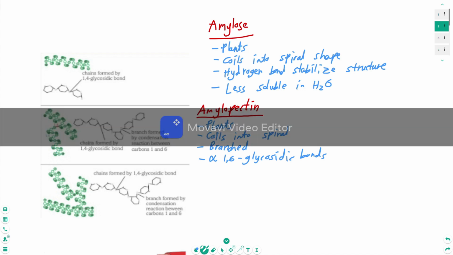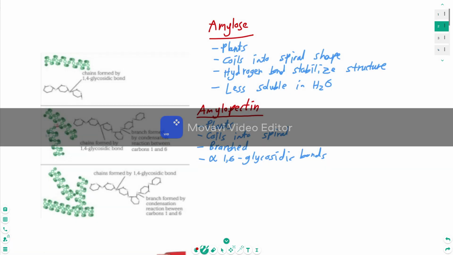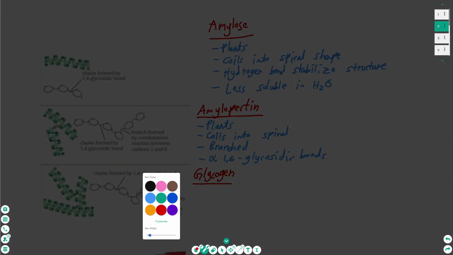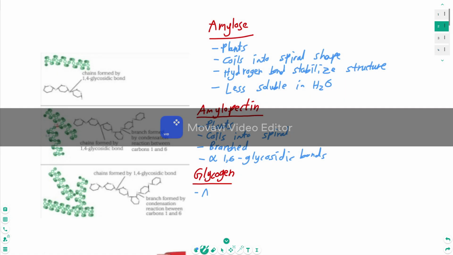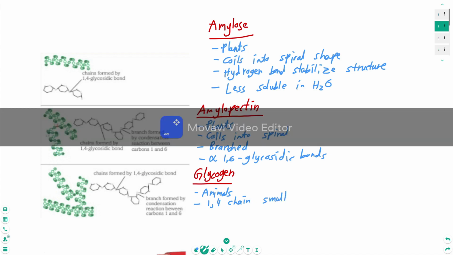Animals, however, have a better solution to this storing of energy and making it even more compact. So this one is glycogen. Glycogen is found in animals. However, these chains here, 1,4 chains, are slightly smaller than amylopectin.